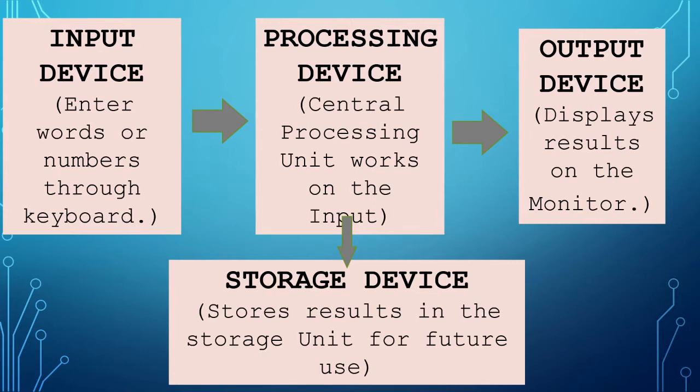A computer takes words or numbers as input through the keyboard. Then the central processing unit works on the input, that is called process, and then the output displays the result. Afterwards, all work is stored in the storage for our future use.